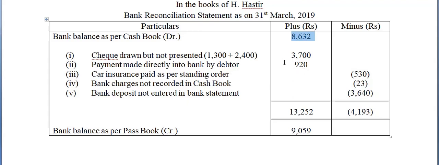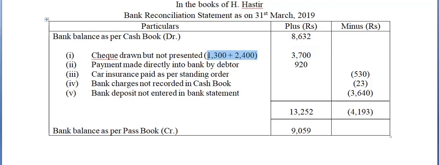So you will simply write adjustment number 1, checks drawn but not presented for payment. In the bracket you must write 1,300 and 2,400, and the total should be 3,700.